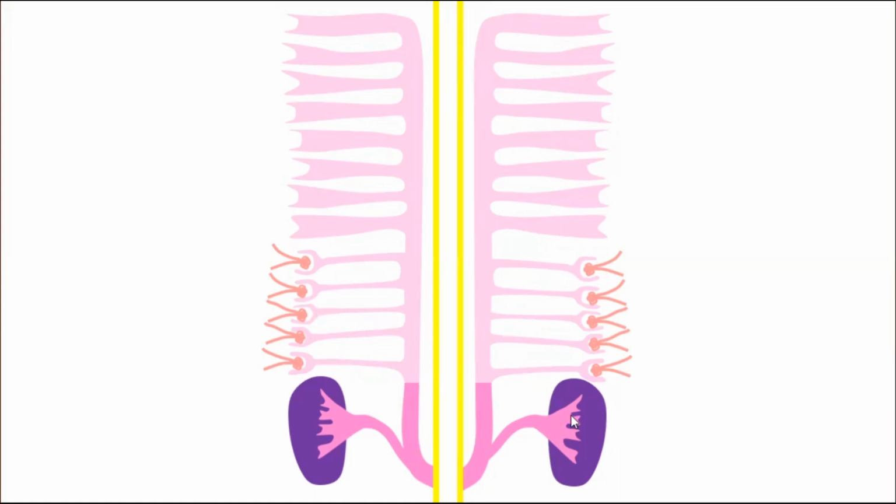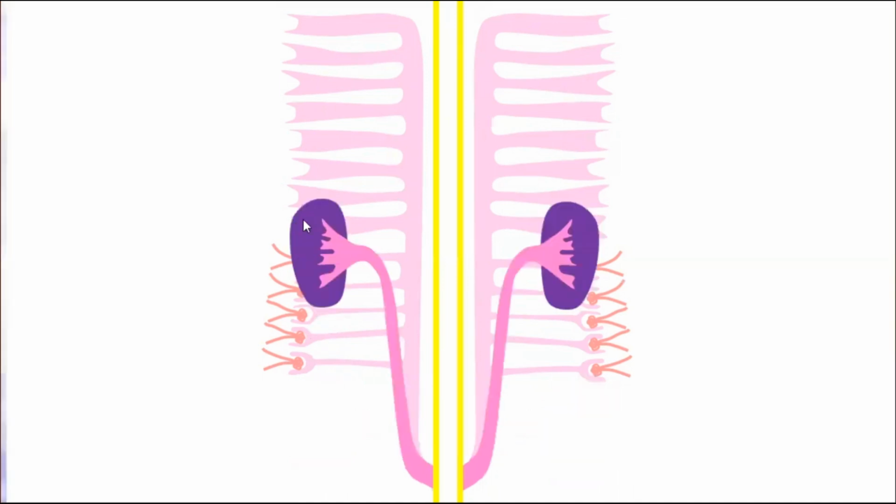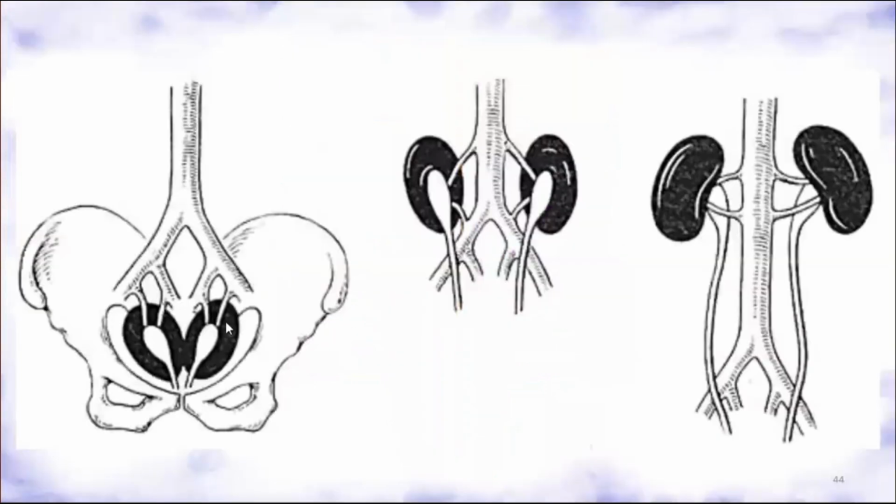And after the development in the pelvis, metanephric kidneys are elevated, they go to the abdominal region. Ureters are growing, and kidneys also are coming upper, and they are rotated, and they take their definitive position. So it's the ascent of the kidneys. And here we can see development of kidneys in the pelvic region, and after that they are moving and receive their final position.